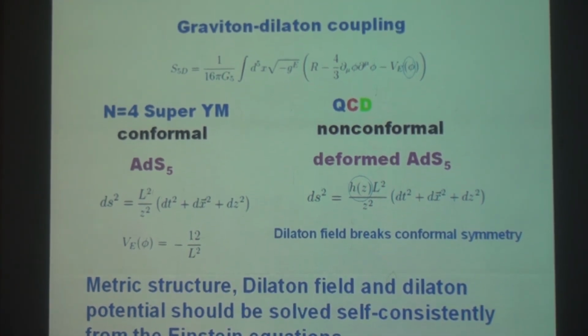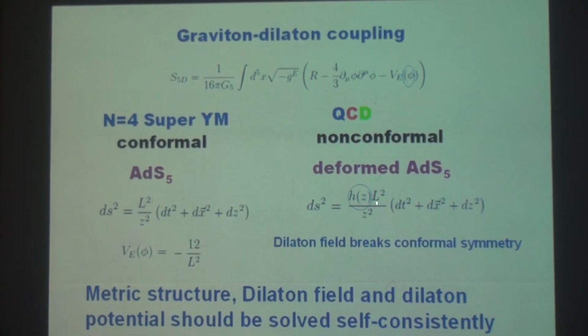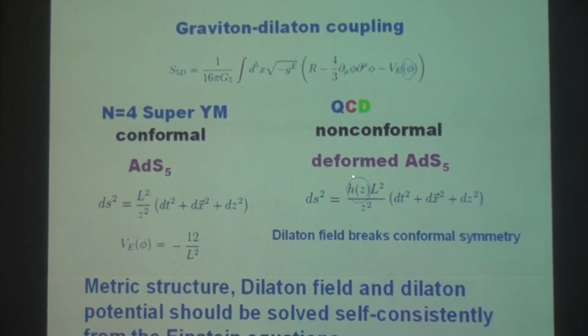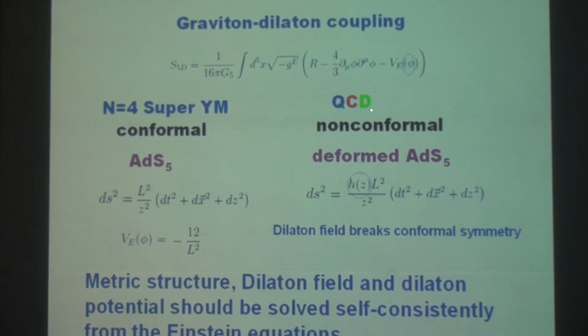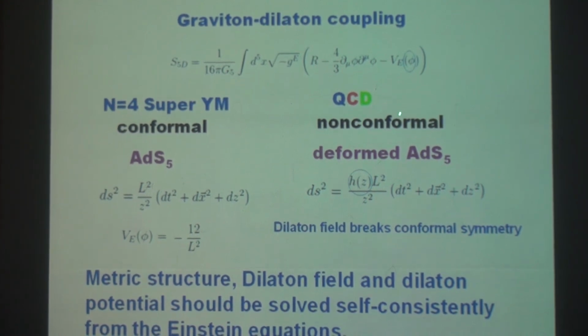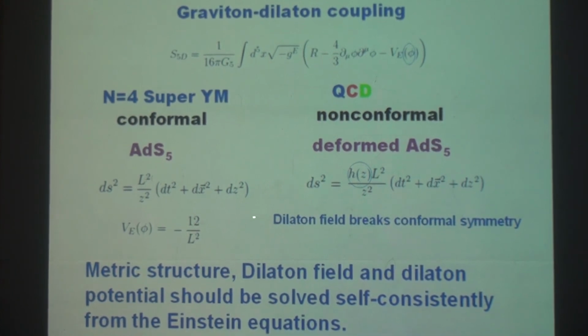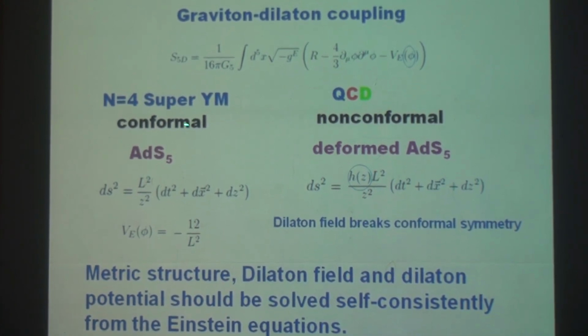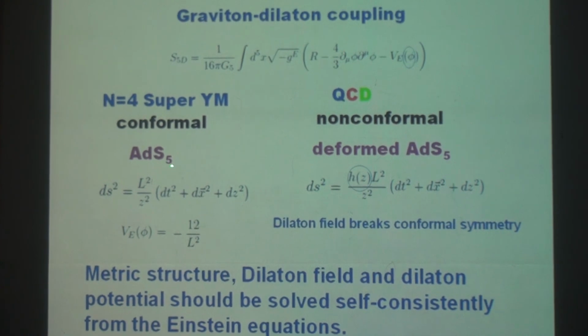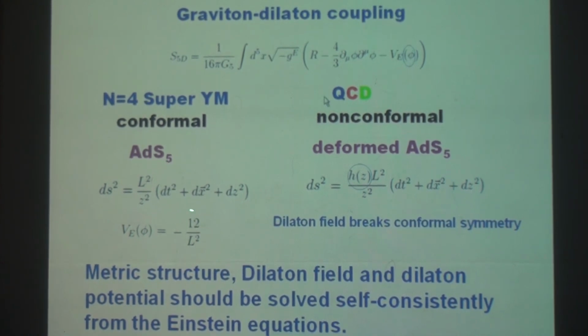What we did is we input this kind of deformation, and of course, this is related to the dilaton field, right? For a conformal theory, this dilaton potential is like this, and you need to self-consistently solve this graviton-dilaton coupling system.